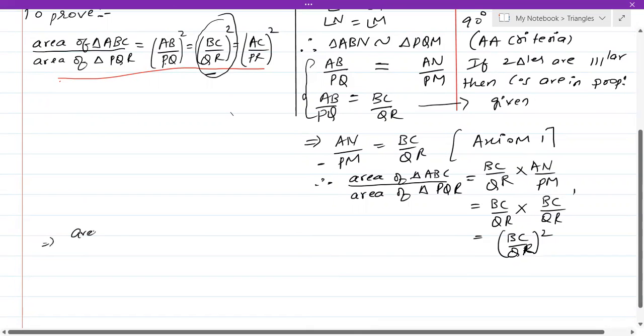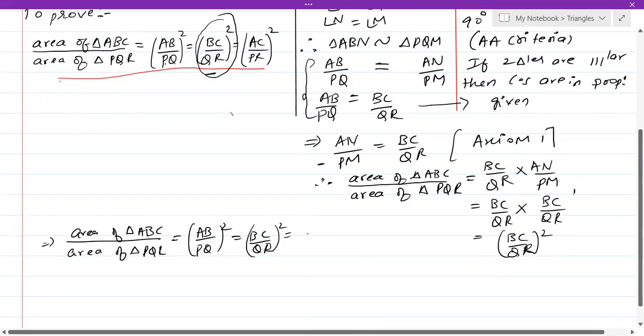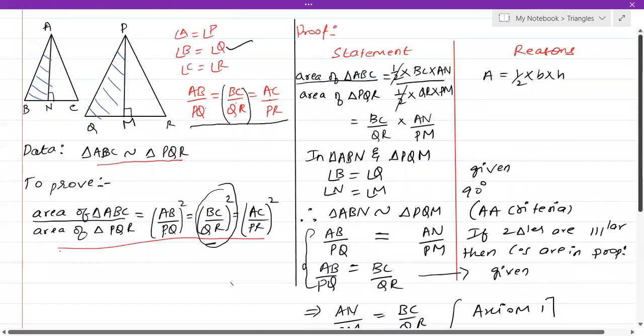That is, area of triangle ABC by area of triangle PQR will be equal to AB by PQ the whole square, BC by QR the whole square, which is equal to AC by PR the whole square.